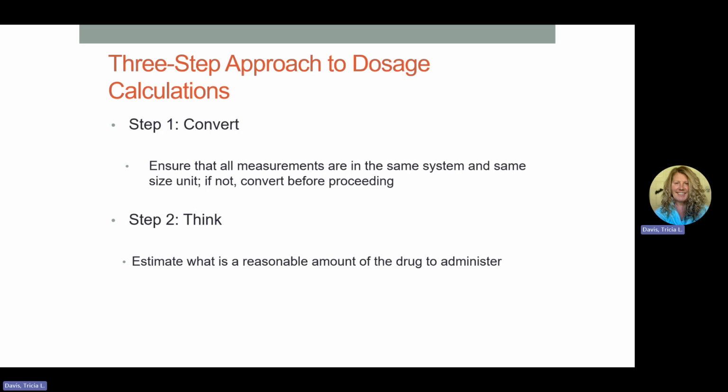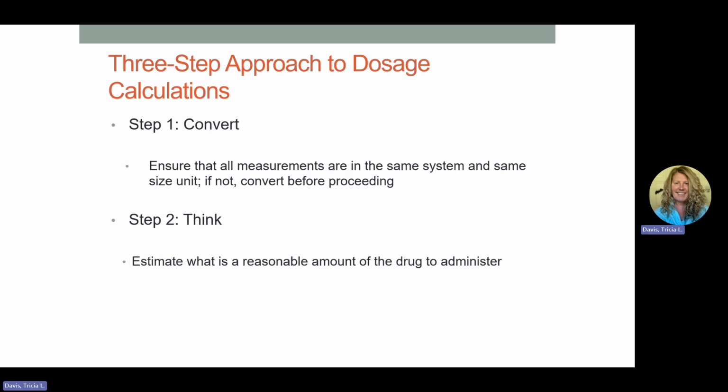Now I know that anywhere from 12.5 to 100 milligrams a couple times a day is a normal dose. So if I saw 300 milligrams, I would probably question that because based on my experience now, that doesn't seem reasonable to me. And it doesn't mean that it's not the correct dose. It just means that it's not something that I've seen before. So it's probably something I want to question.